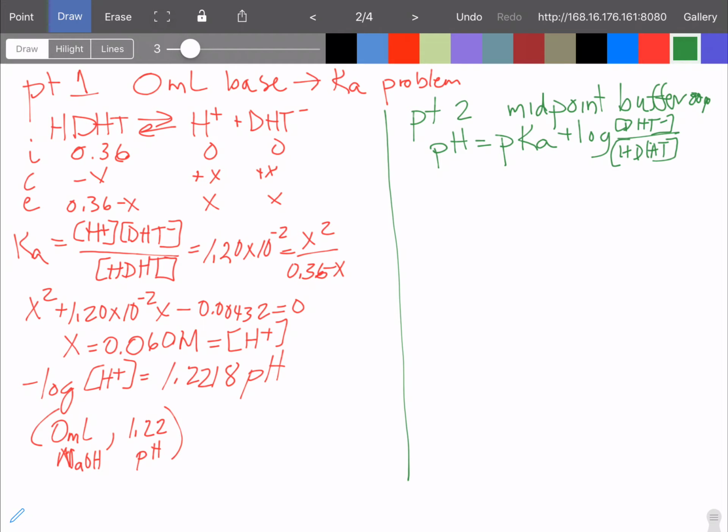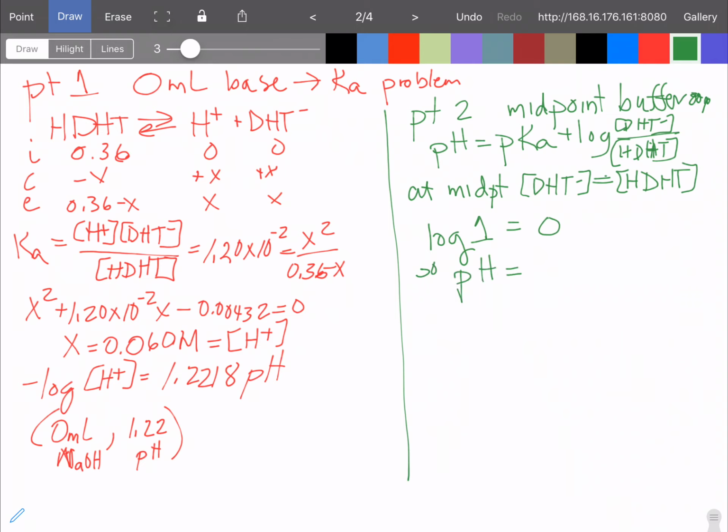That is an H, not an A. And at the midpoint, by definition, the conjugate, DHT minus, has to equal the acid. So that means that the log of 1 is equal to 0. So your pH is equal to your pKa, which we determined was 1.9208 plus 0.